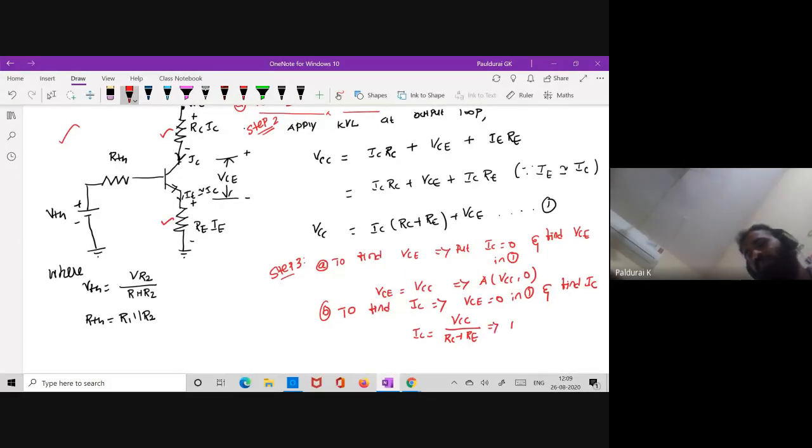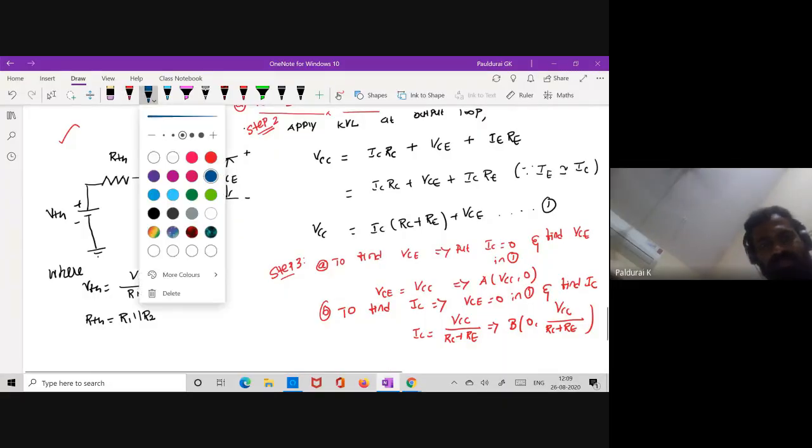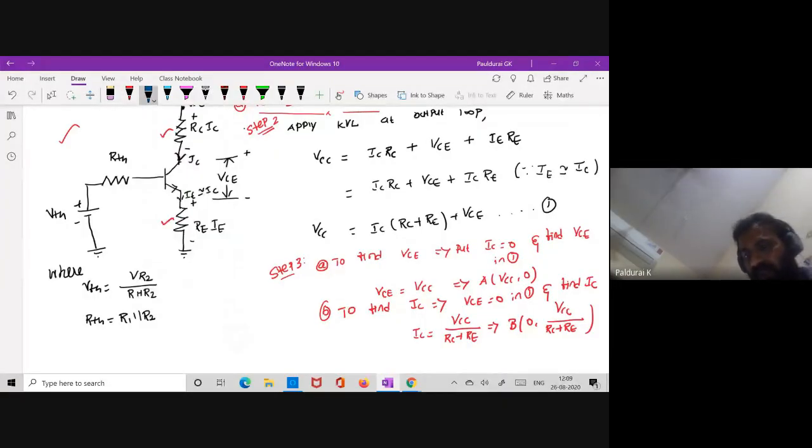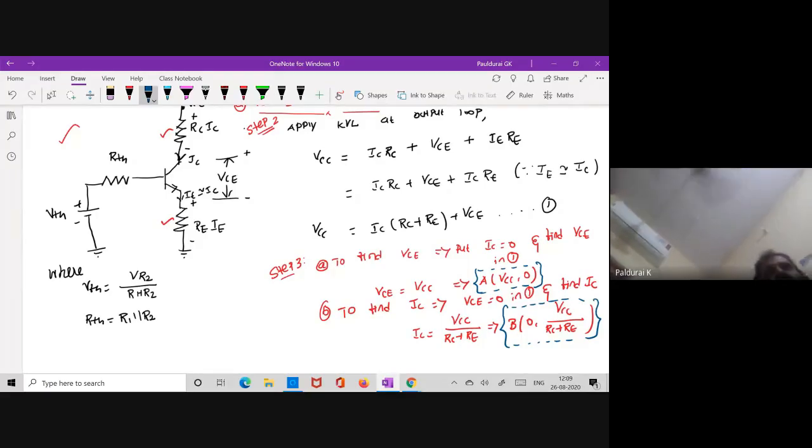So what is the reference point B? 0, VCC divided by RC plus RE. So reference point A is VCC, 0, and B is as given. There is no change in the DC load line. So what we got for emitter bias, I hope we have the same reference points.